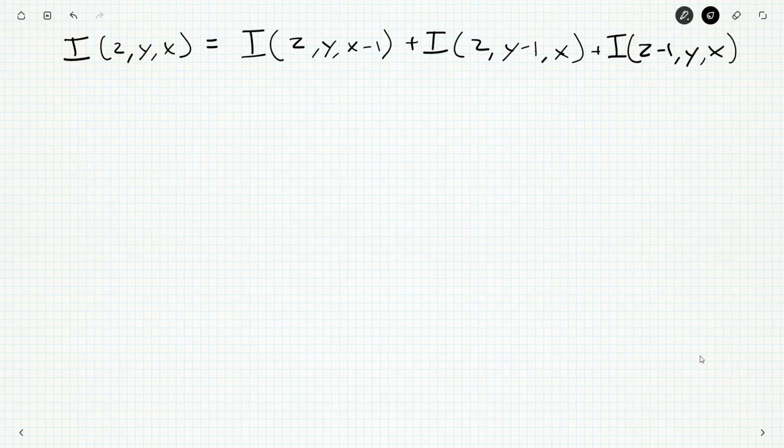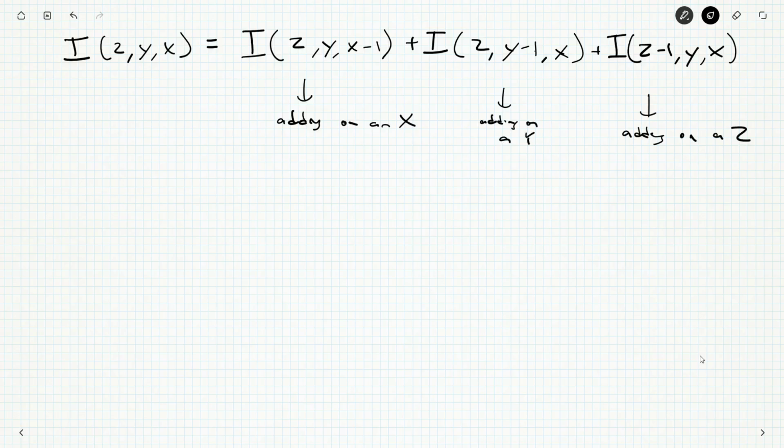I don't think this is quite correct. But basically, if I want z Z's, y Y's, and x X's, can I add on... this amounts to adding on an X, which I don't think we can always do. This is adding on a Y. Again, I don't think I can always do it. And this is adding on a Z. I can always move Z forward. Until Z hits the end, I can always move Z.